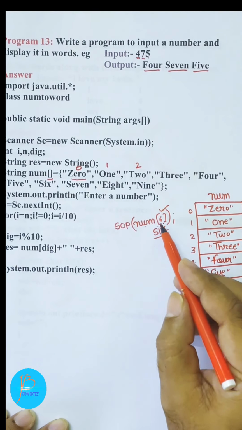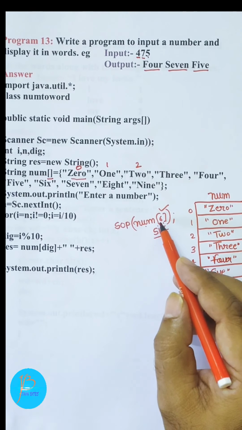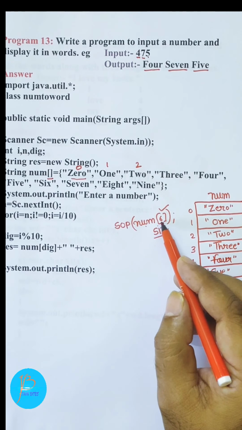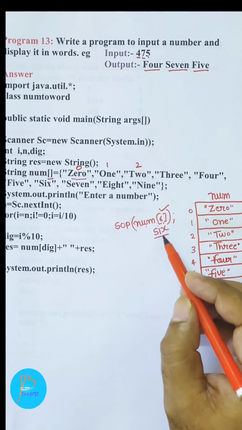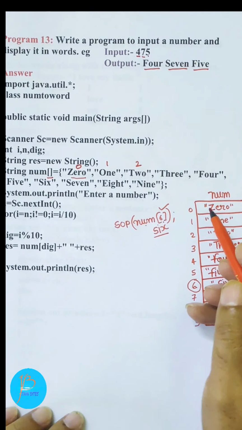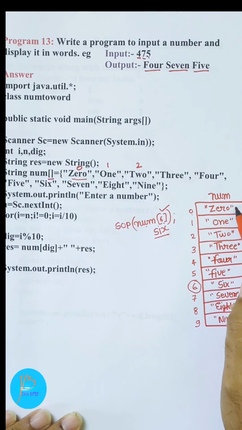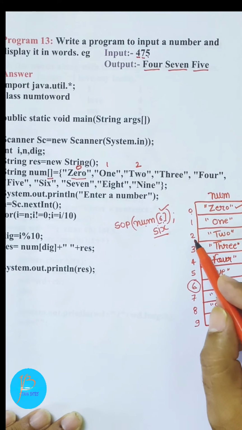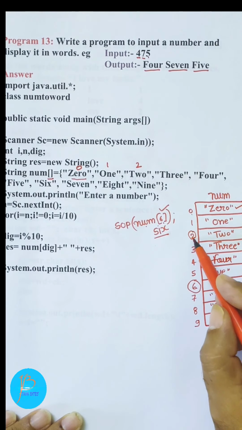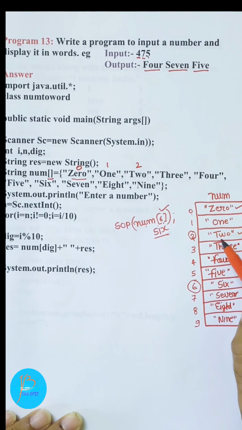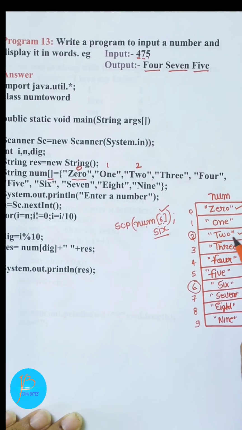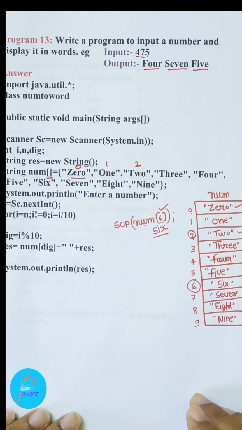Whatever value you provide within the square brackets of the array, that number will be printed in words. For example, if we provide index number 0, it will print zero from there. If you give index number 2, it will print two, the value from that index. So this is the logic.